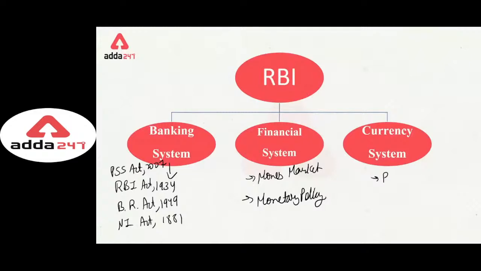Now, in currency system, RBI has a sole right under the RBI Act 1934, Section 22, that RBI can print all the denomination except, let me know which currency cannot be printed by RBI.